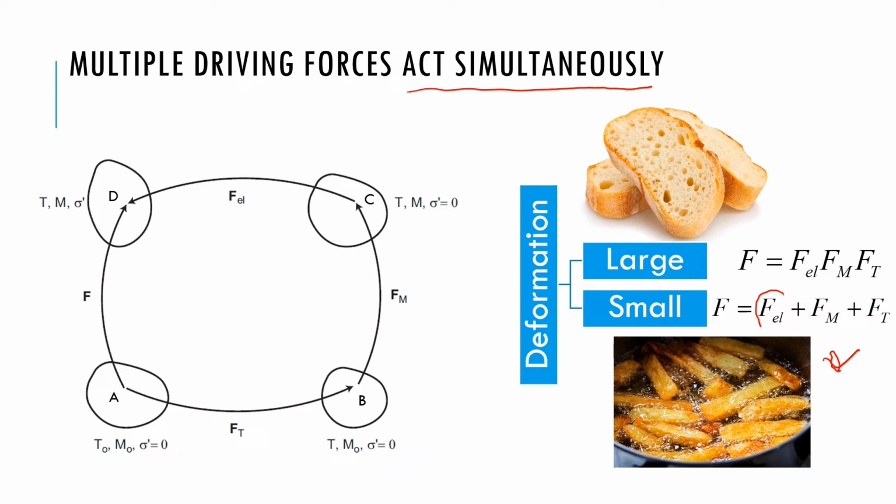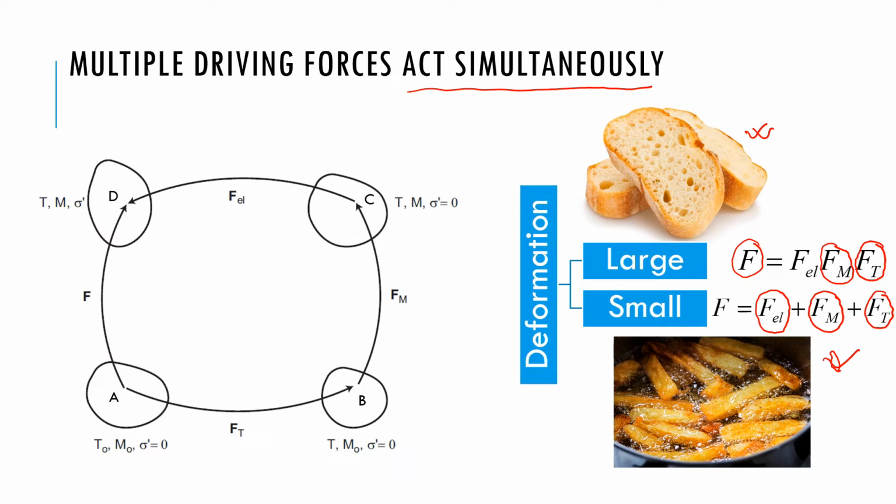So the F due to, let's say, moisture change and F due to temperature, they are added together. Whereas in a large deformation case, like this one in bread baking, then they're multiplicative. So the deformation gradient is obtained by multiplying the effects of moisture, effects of temperature, and of course the elastic deformation.